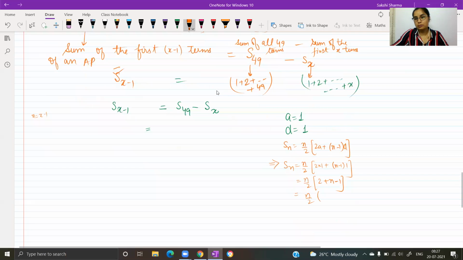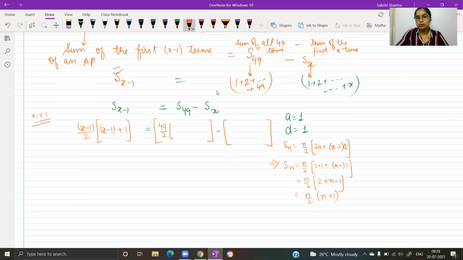So n by 2 in the brackets, n plus 1. Using this, x minus 1 by 2 in the brackets, x minus 1 plus 1, n replaced by x minus 1. For 49 and for x, same way, 49 by 2 into 49 plus 1, and for Sx, x by 2 in the brackets, x plus 1.